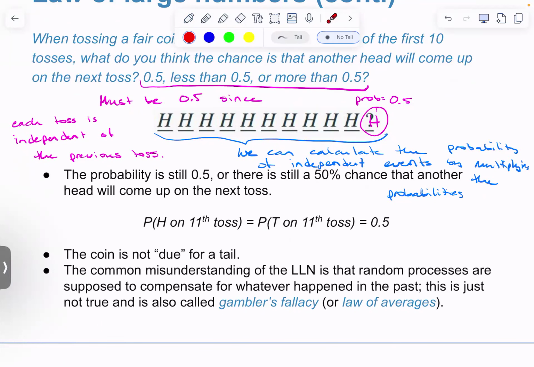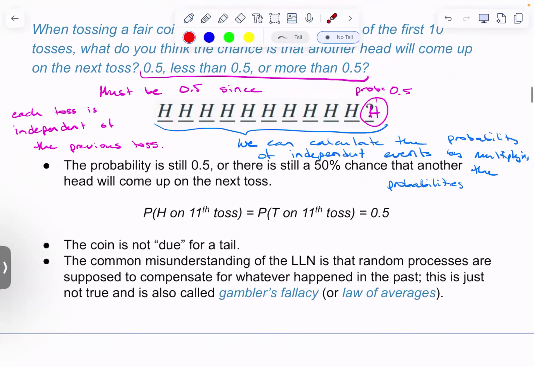You can keep going. And so what would this look like? Well, you have a probability of heads of 0.5 and another 0.5 and another 0.5. Whenever you find yourself saying and, you're going to be multiplying.